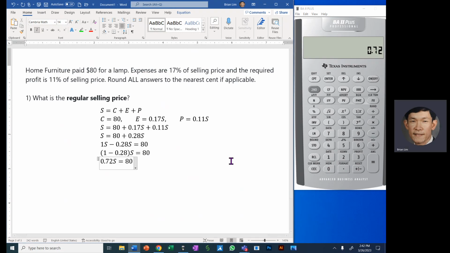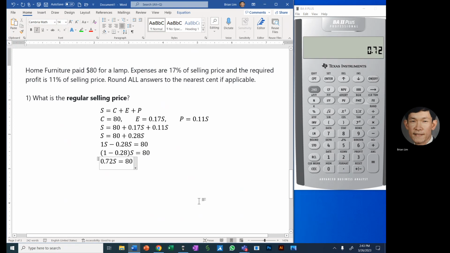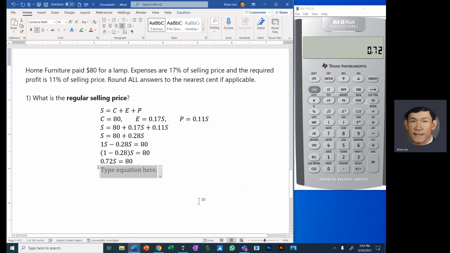Now that might have been a little bit too much for you. So 1 minus 0.28 will give us the 0.72. So there we are. The 0.72 was indeed correct. So what is S equal to? Well, next line would have S is equal to 80 divided by 0.72.